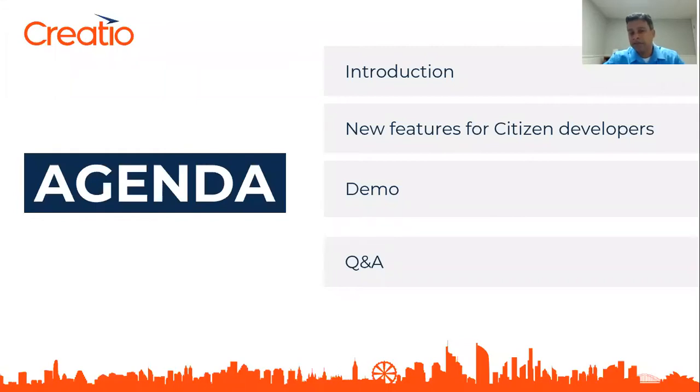Where does that fit? So I thought this would be a good opportunity to level set everyone about what low code actually is and why it is important. Then we pivot towards understanding the latest features that we have for citizen developers, then pivot towards the demonstration, and then answer any questions and answers towards the end.